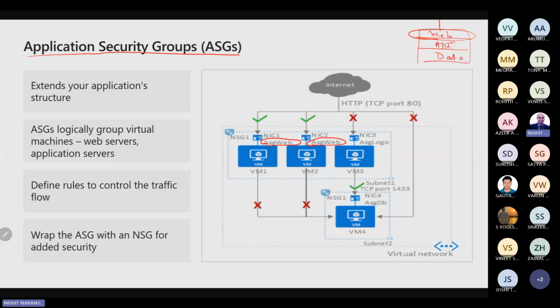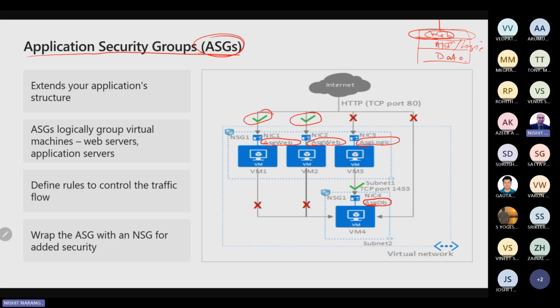VM3 is running my logic or application tier, logic tier. So I can put it into ASG logic. And then VM4 can be running the database data tier. So I put it under ASG DB. Now we know internet traffic directly is only allowed to web tier. So I can define ASG rules to say that for ASG web, traffic is allowed from the internet.